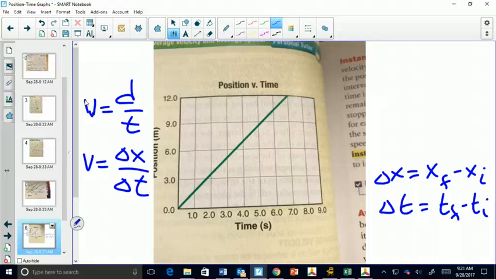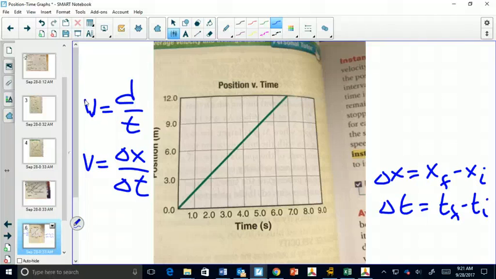Normally your ti is going to be what? What do most folks start with when we try and measure time? We start at 0, right? 99.999% of the time, you start at 0. So basically this is just t.